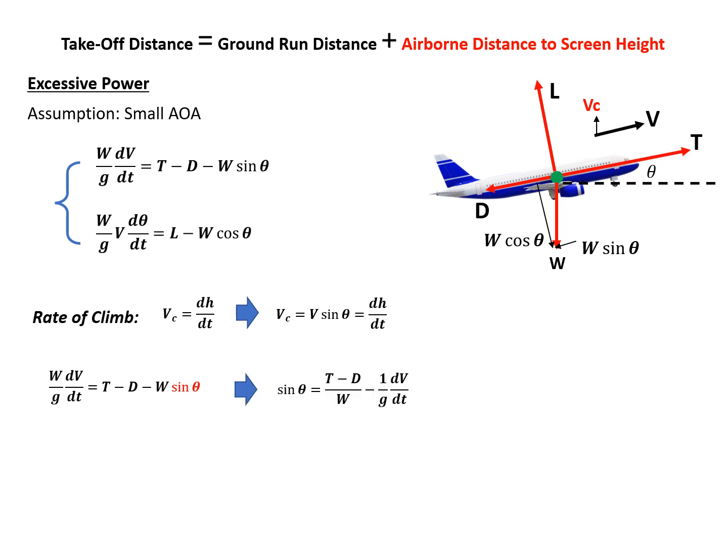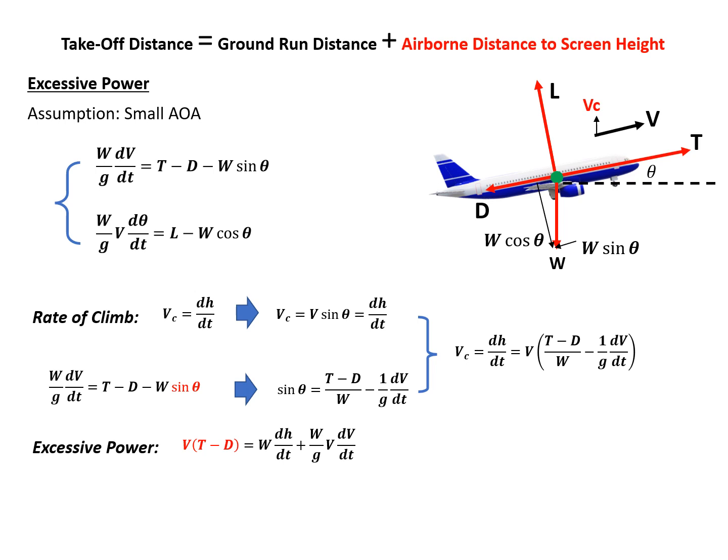What we are going to do is write down sine theta explicitly. On the right hand side, it's just a conversion of the equation. Now combining these two equations, we can determine Vc. Vc equals dh over dt equals V times something in the bracket.